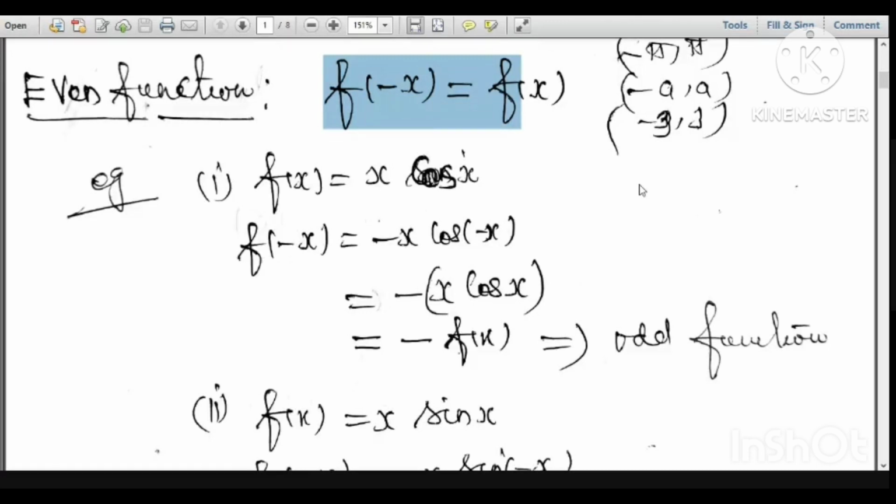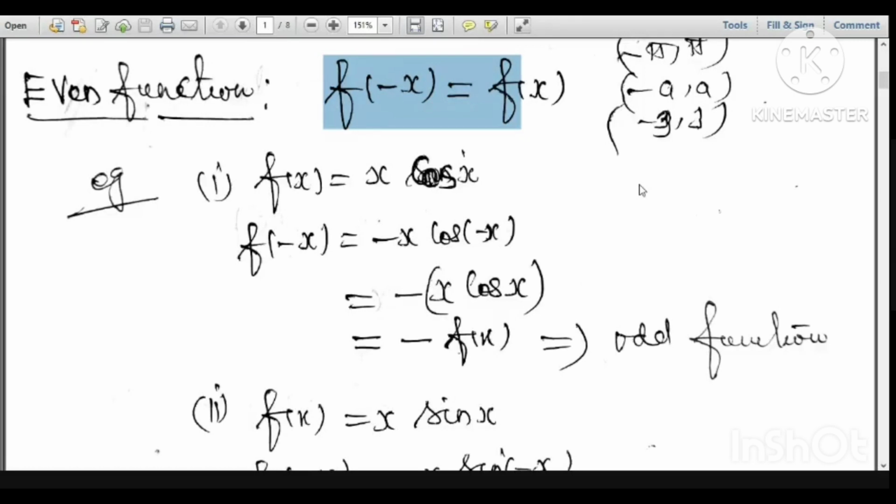So for x you have to apply negative sign, that is minus x. So where is x, you have to replace minus x. So f of minus x, left hand side, is equal to right hand side minus x cos of minus x.